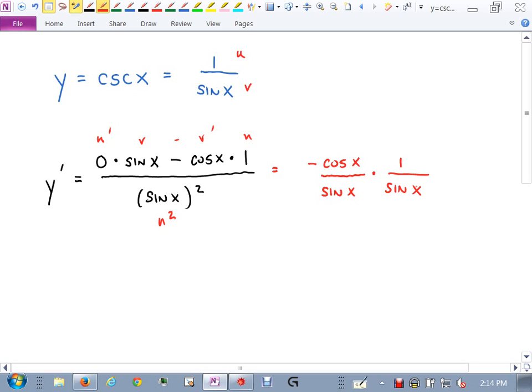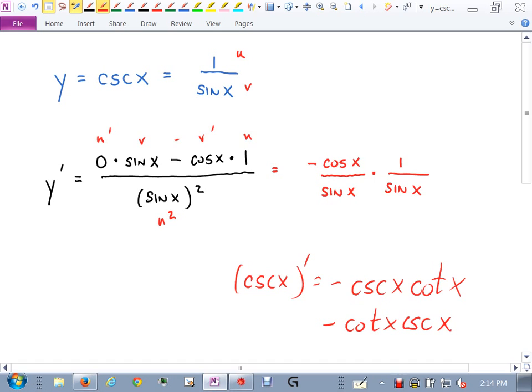What's the reciprocal of tangent? Cotangent, and this is cosecant. So this is really negative cosecant cotangent. I have to change the order, but that's it right there. I don't have to. I'm just saying if I wanted it to follow the formula, the derivative of cosecant x is negative cosecant x cotangent x. But that's the same as this, because it's multiplication. Right, those both mean the same thing? My answer came out looking like this one, but it's the same as this.